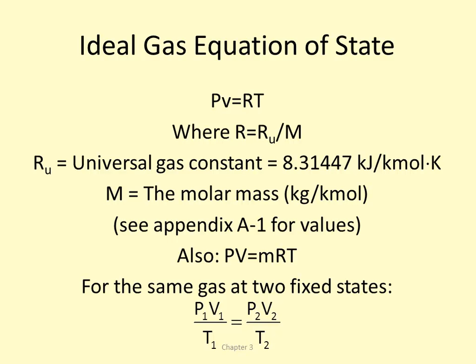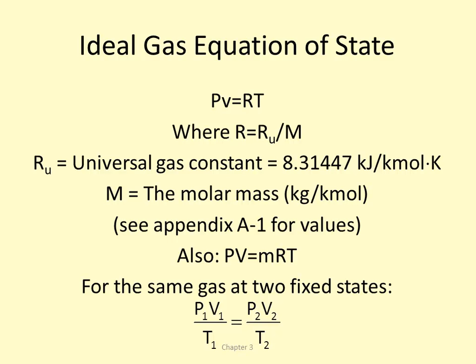We've also seen it in this form where PV, capital V, is equal to mRT, just an alternate form. And if we're dealing with a closed system where the mass is fixed, then we can say that m is equal to PV over RT.